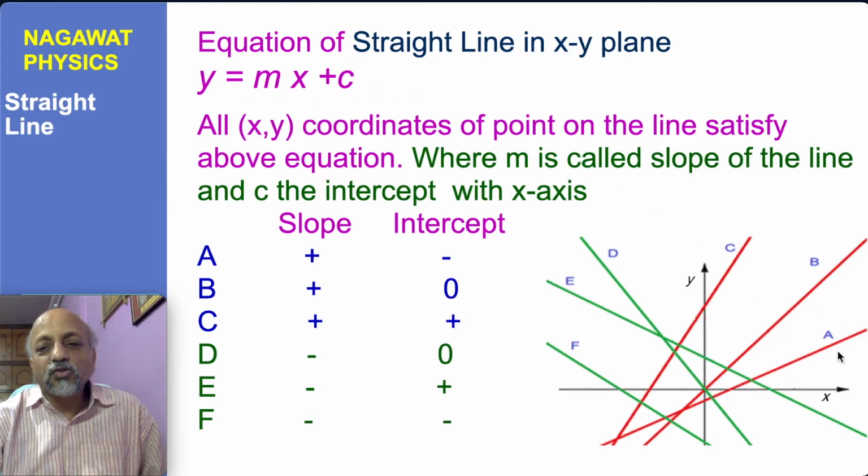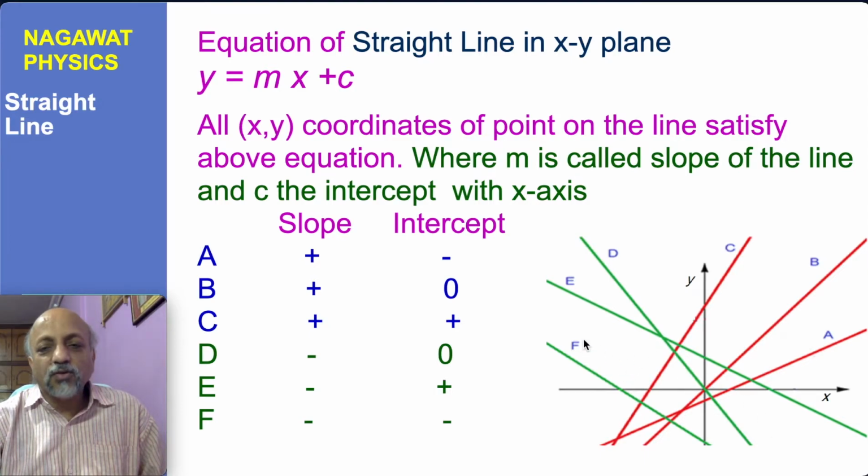Here I have shown that there are 6 different types of lines possible. There can also be lines parallel to the x-axis and parallel to the y-axis. Lines parallel to the x-axis have y equal to constant, and lines parallel to the y-axis have x equal to constant as the equation, so there is no dependence of y on x.